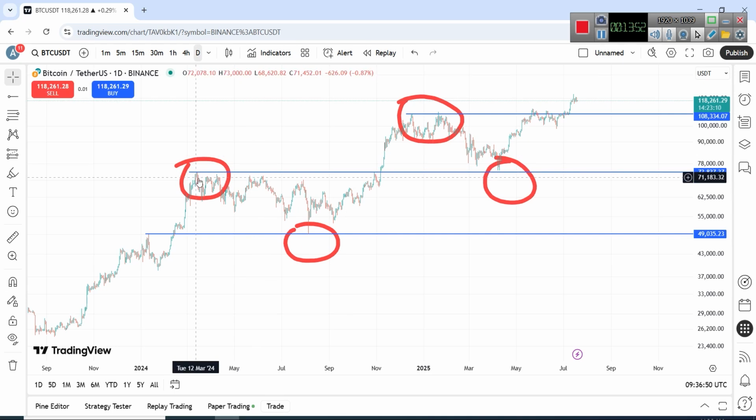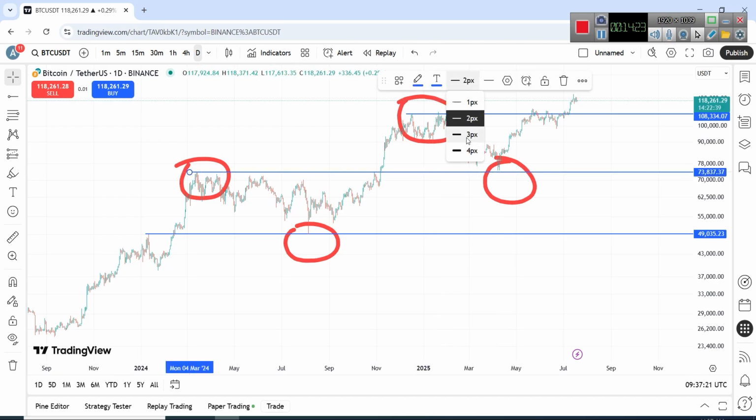You see many reactions we have right here, another reaction right here, another reaction right there, and it's broken here, but it returns to the price in this position. So this is a strong line.